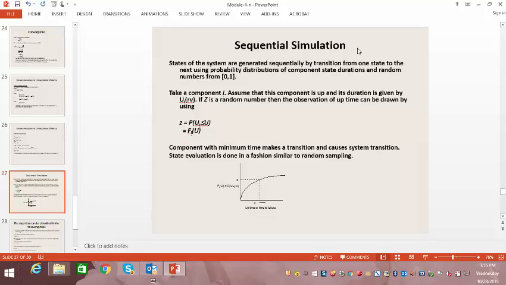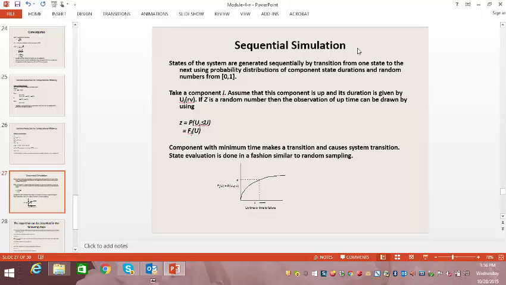So what you have to do is to find out when that state will make a transition to another state, and to do that, you have to find out how much time each component will take to make a transition. And obviously the component which takes the minimum time will be the one which will make the transition first.